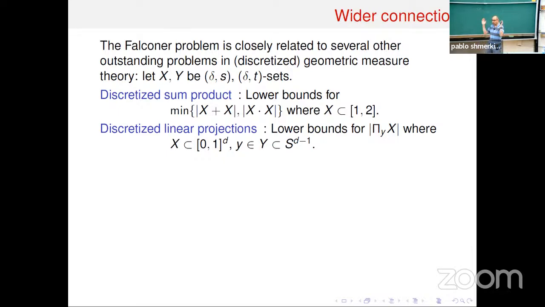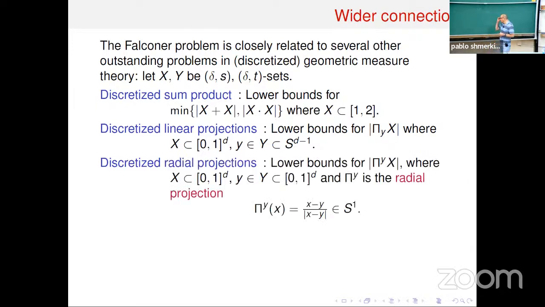I'm looking at possibly a quite sparse set of directions. And the question is, what can we say about the size of typical projections of this set by directions in this set? Then there are radial projections, which are a generalization of linear projections.